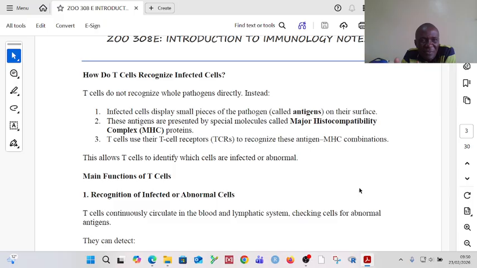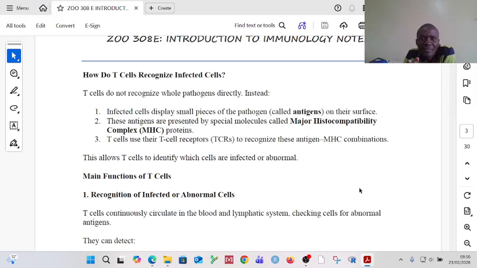There has to be something that the T cell uses to differentiate between a normal cell and an infected cell. So what is clear is that the T cells do not recognize whole pathogens directly. It does not recognize a virus as it is. It does not recognize an intracellular bacteria as it is.